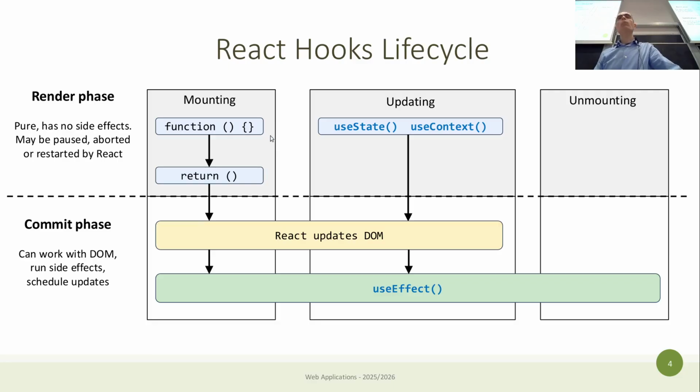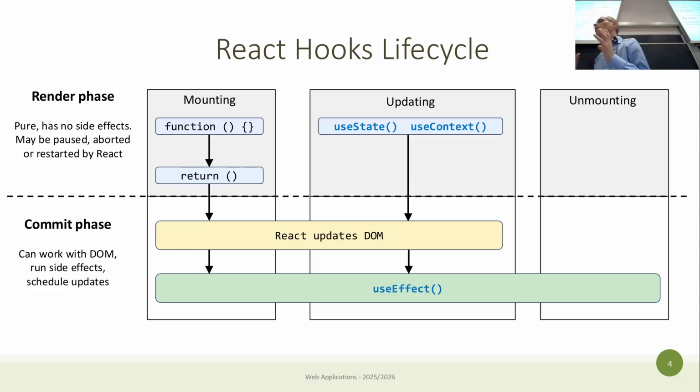We cannot do computation that doesn't depend on the props passed to a component. And this is completely under React control. We don't know when React decides to call the function that corresponds to our components. React may pause the render phase, may abort the render phase, may restart the render phase, and so on, depending on the events that happen.